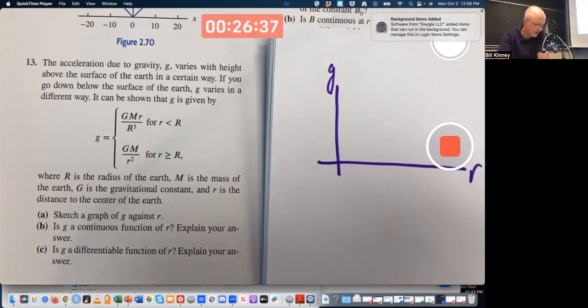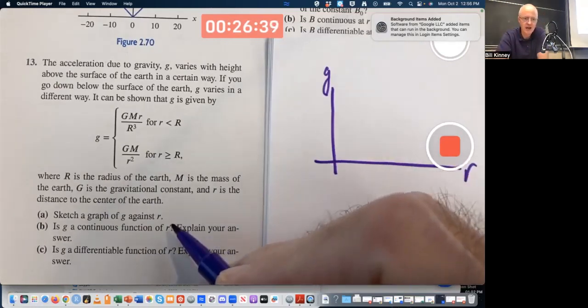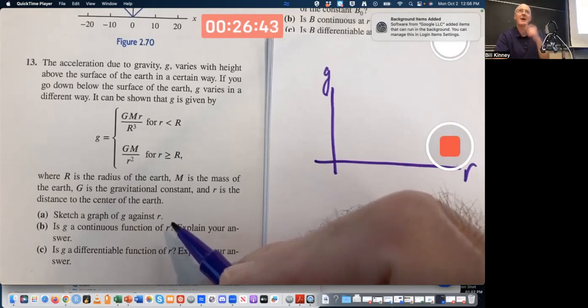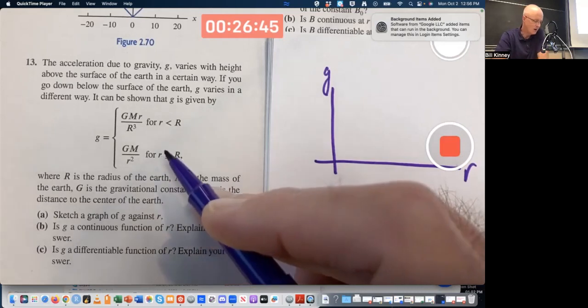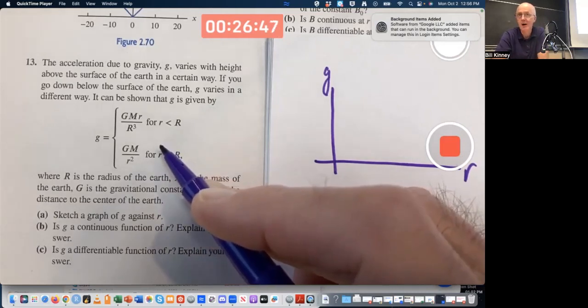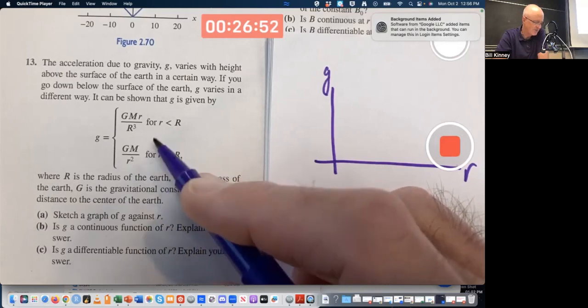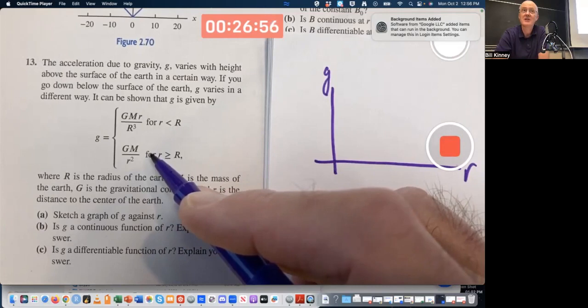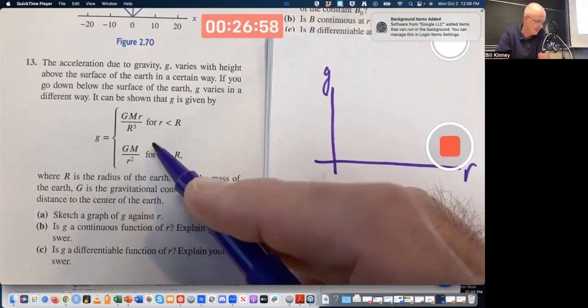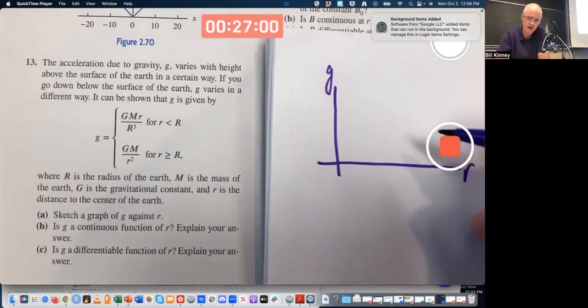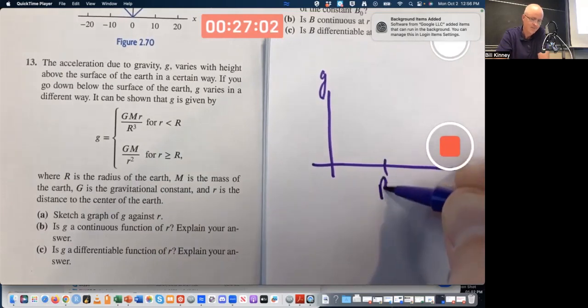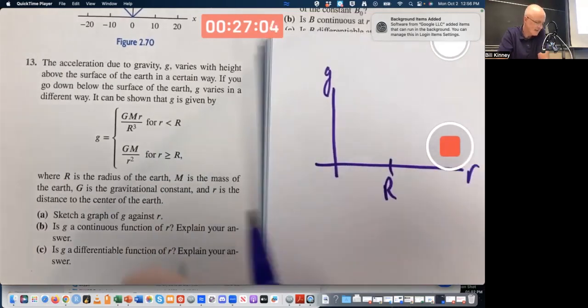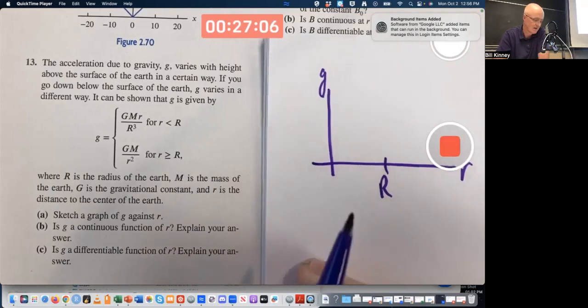Well, if they're just constants, how in the world can you possibly do part A? Sketch a graph of little g against r. By realizing that even though you don't know what capital G, capital M, and capital R are, they are constants. And so these two equations in this piecewise formula are functions of little r. And the first one, when little r is less than capital R, is a linear function of little r.